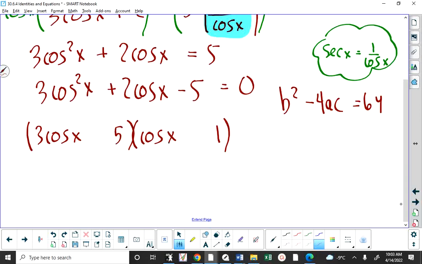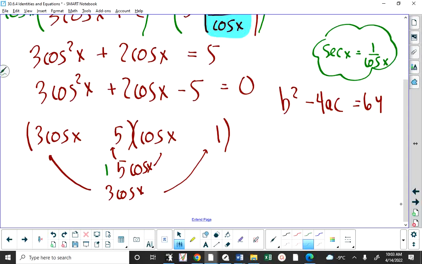This will give us a 5 cos x for the inner product and a 3 cos x for the outer product. We want positive 2, which means the 5 has to be positive, the 3 has to be negative. We can trace things back to how we got them, and there it is. This, of course, is equal to 0.